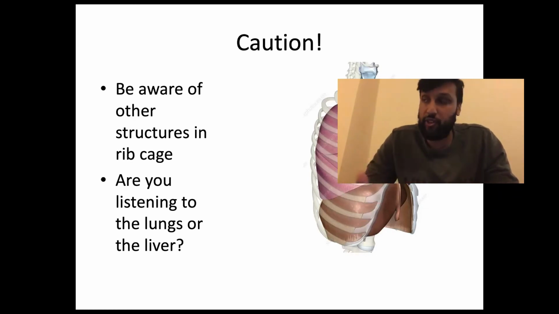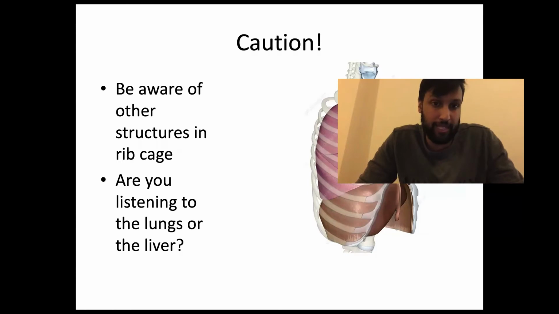If you go to a wall and tap on it, if it's a solid wall, it's going to sound dull. If it's hollow and there's a potential space behind it, it's going to sound hollow. That's exactly the same concept when you start to percuss the chest.